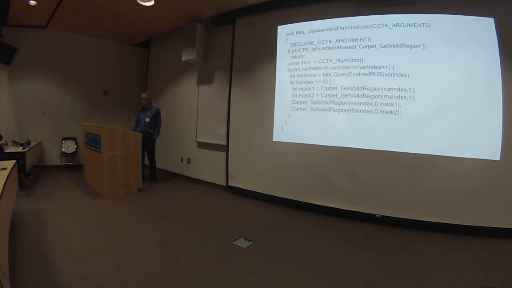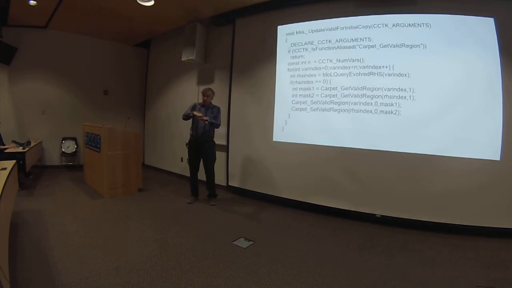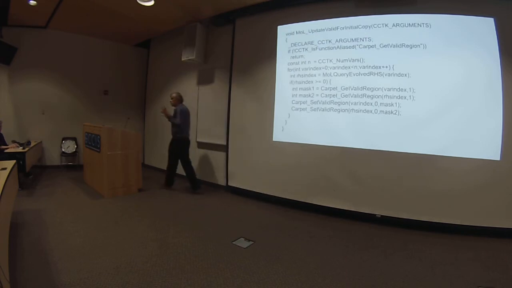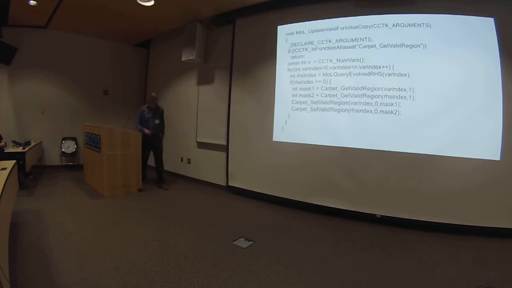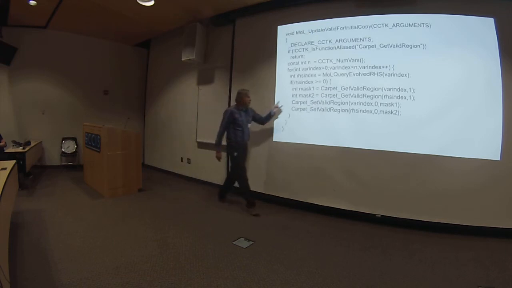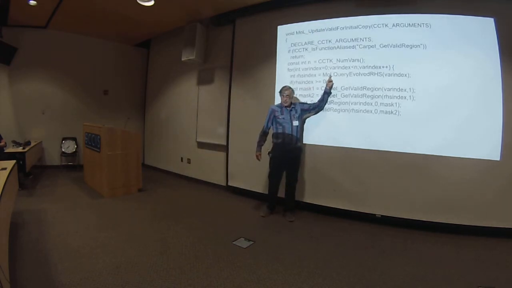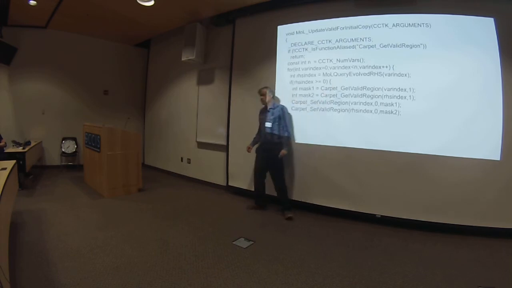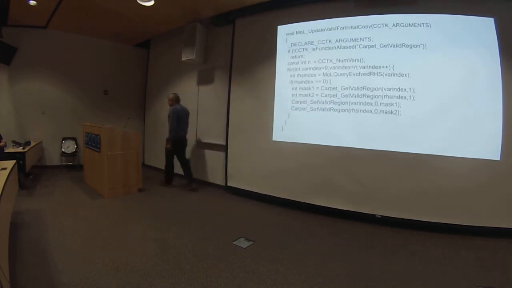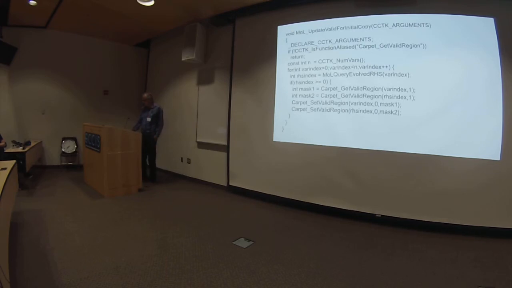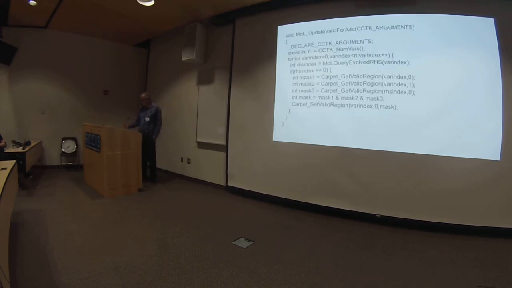Basically, these are very small changes, and the idea is we can find out which past functions you're using to update the right-hand side of an equation, and we can use a minimal mask, whether you're updating the interior or the whole region, and figure out what the updated region should be. And we can figure that out automatically, or automagically if you like, from Cactus, because we can find all your right-hand side functions using this mol built-in function. And the other function looks like that.